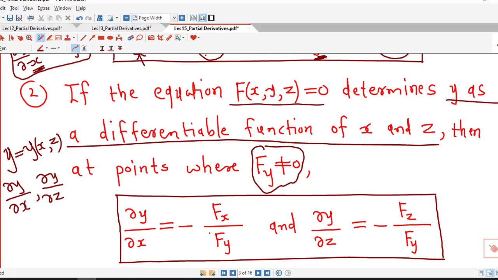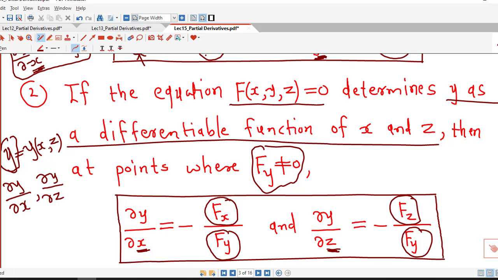Del y by del x is negative of fx over fy, and del y by del z is negative of fz over fy. So here also we are interested in the derivatives of y, so we are dividing by del f by del y, and here we have derivative with respect to x, so we consider del f by del x here, and here we have derivative with respect to z, so we consider del f by del z here.